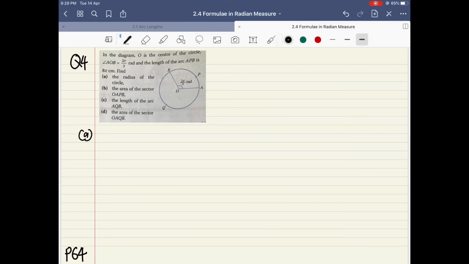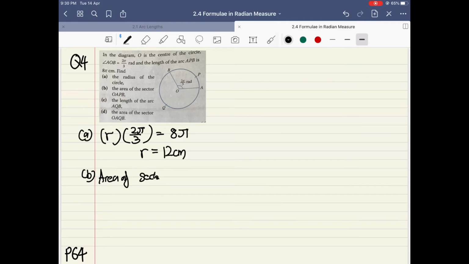So what we do here is this. Arc length is r theta. So I say r times theta, which is 2 pi over 3, is equal to the length of arc, which is 8 pi. If you just solve it very quickly, the radius is 12 cm.